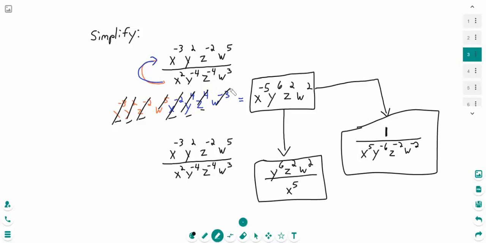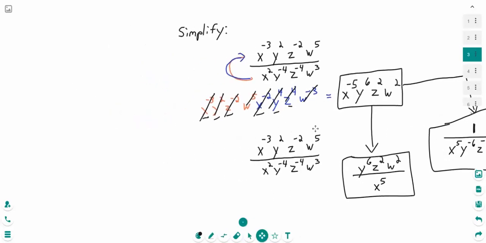Another way to do it, and maybe I'll do that over here, just to show you that there are so many different ways you could attack this problem. If I start with the original problem again, one other thing you could do is try to simplify by combining like variables first. I have an x here, and I don't have any other x's up here.